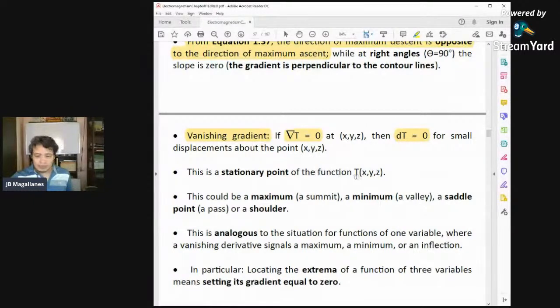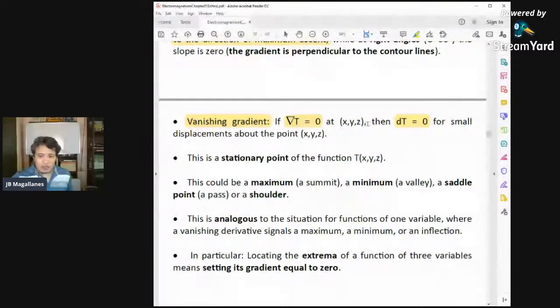So by setting that equal to 0, you'll be able to get the values of x, y, and z. And if you substitute those into t of x, y, z, then you'll be able to get the maximum, the minimum, or a saddle point or a shoulder.